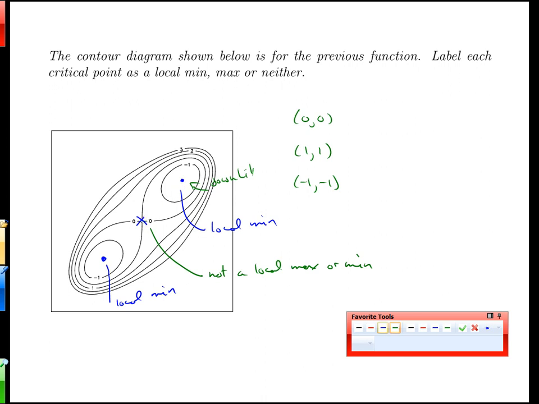And also, you'll notice that the 2 contours it's on are all height 0. If we go this way, we go downhill. If we go this way, we're going uphill. So this point in no way, shape, or form can be a maximum because I can go up further when I take a step away from it. It can't be a minimum because I can go down further if I step away from it. So it is something new that we haven't seen before in terms of critical points.